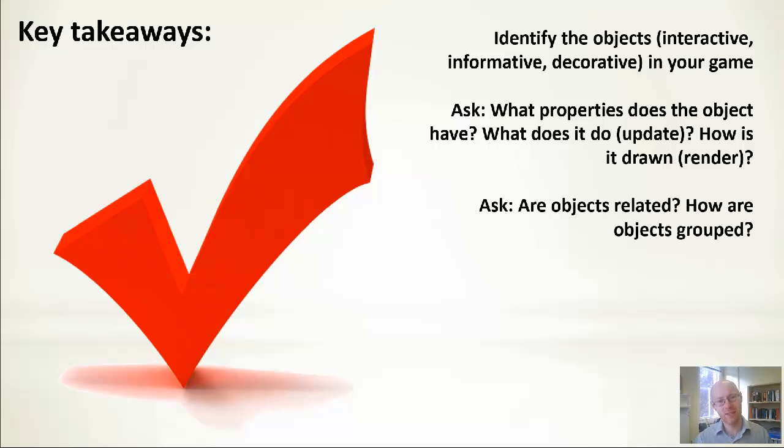Final thing then is to ask, how are they related? What types of structures, data structures, levels do we want to use to bunch these things together? And how is this whole thing going to hang together? Following those steps through, they'll give you your basic architecture. And given that architecture, well, we're getting close to the point where we can then start trying to write classes that implement different elements of it.